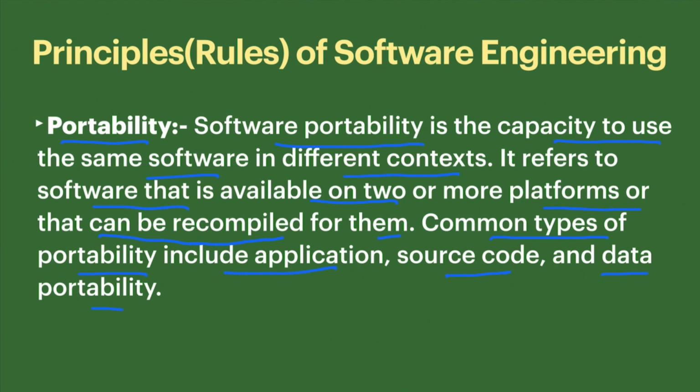Here portability means that you are running your software on a Windows machine, or the same software you are using on a Mac machine, or you can use the same software on multiple machines. It can be more than one machine. So this is portability, that you can use one software on another machine. So software should be portable, so that you can easily run it on one machine and other machines.